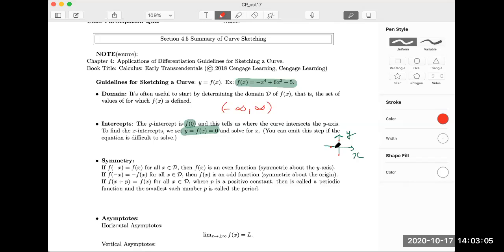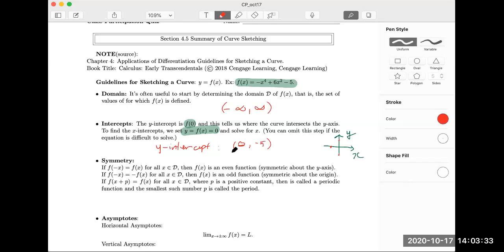Then, in order to find it, simply evaluate the value of the function when x is equal to 0. In our example here, what is it? -5. Perfect. It will be 0 and -5.